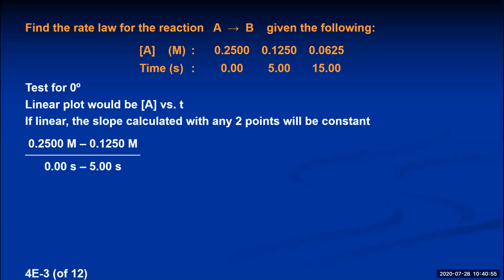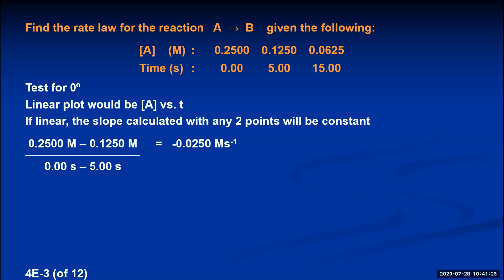The molarities don't cancel out when you subtract, right? 0.25 molar minus 0.125 molar is 0.125 molar, and the denominator is going to be negative 5 seconds, and so the units will be molarity per second. I get a slope between these 2 points of negative 0.0250, which is fine. Now you have to pick another set of points, and I can pick points 1 and 3, but I'm going to instead pick points 2 and 3 and calculate the slope of the line that connects the second 2 points.